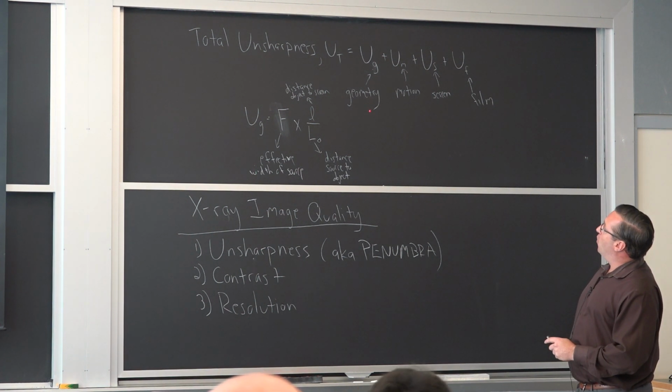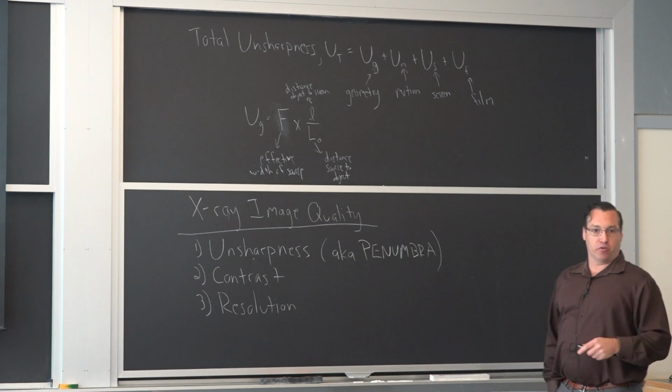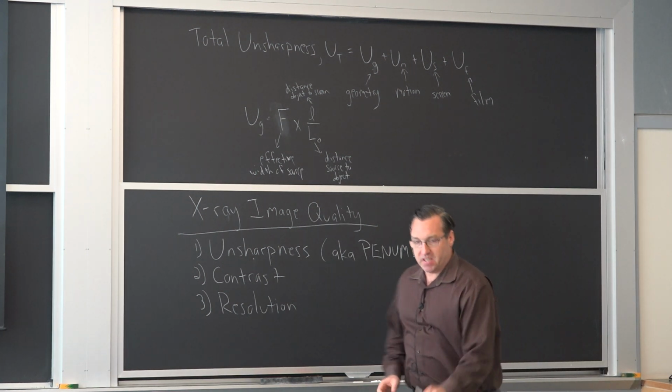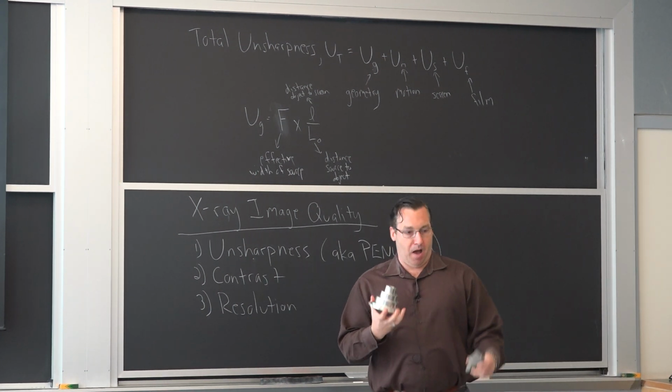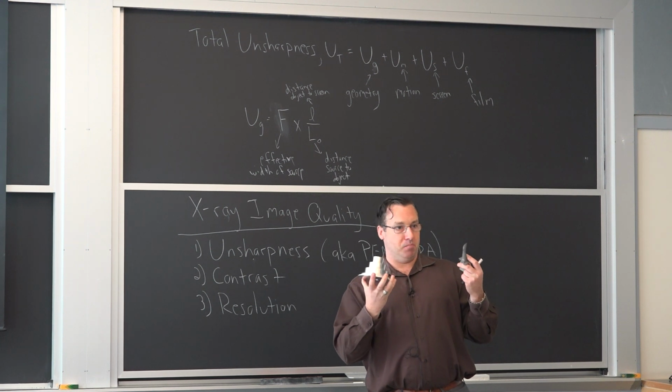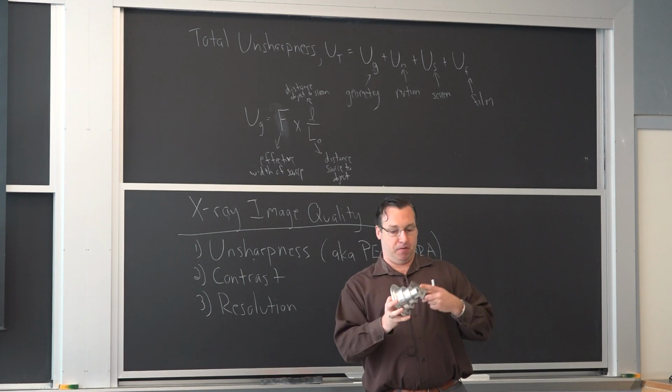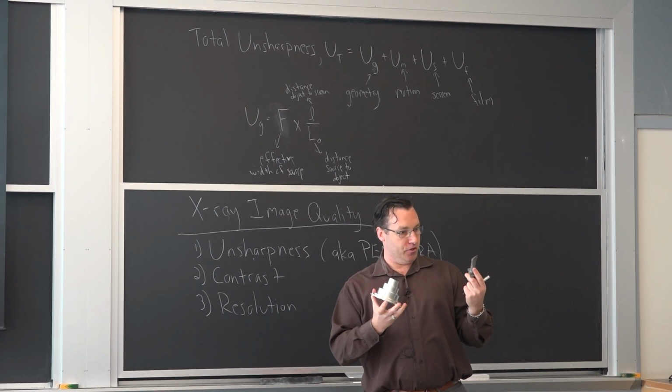So you can have noise due to the geometry. The noise from this sample would not be the same as the noise from this sample simply because they have different thicknesses and different features.